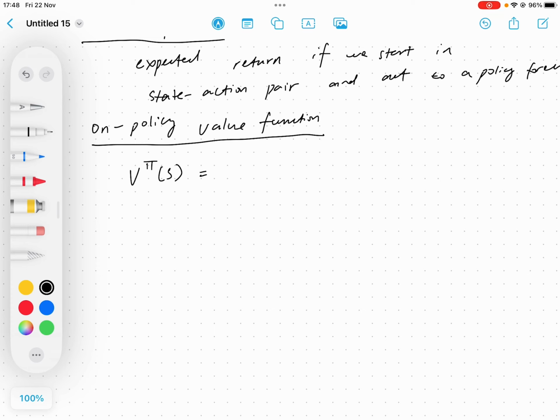It's not some random state, it's just a starting state. So it is an expectation over this tau of the return, and here s0 equals s. This s is just the starting state, nothing more. Good.